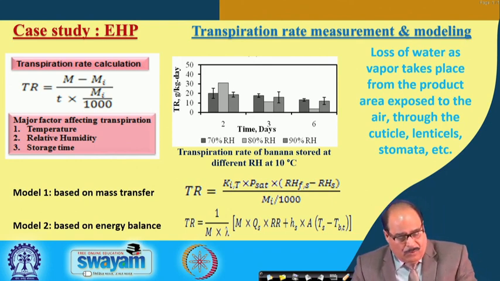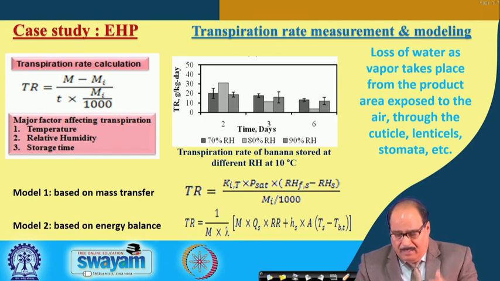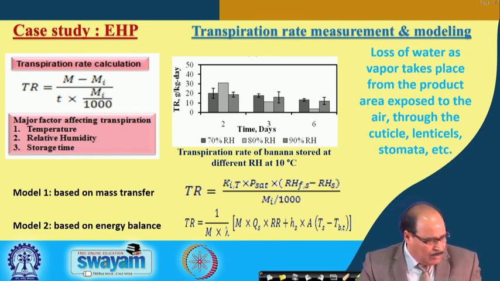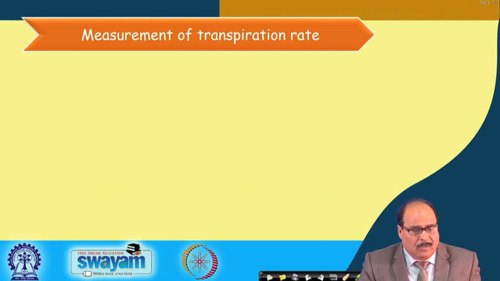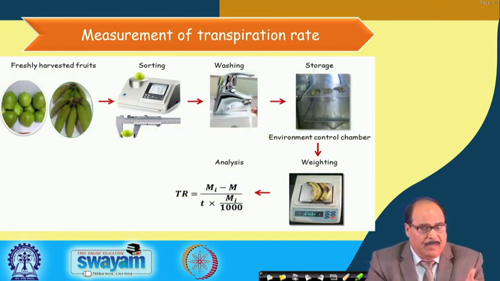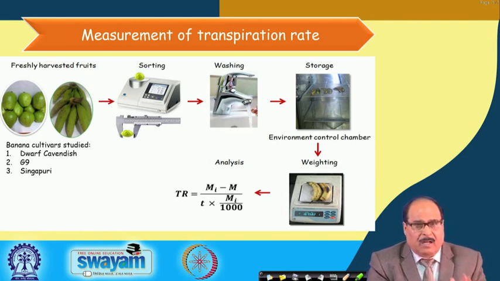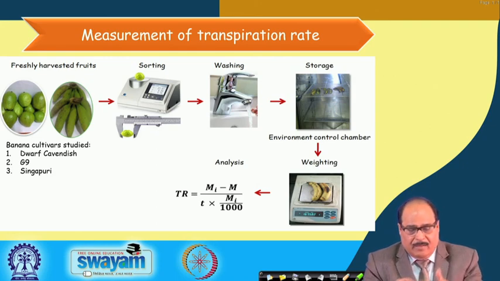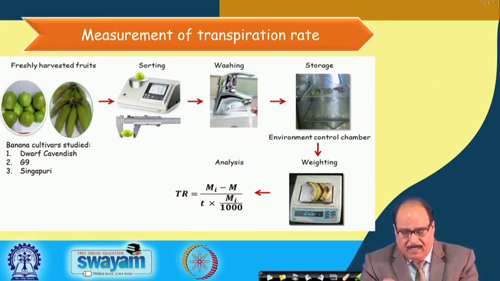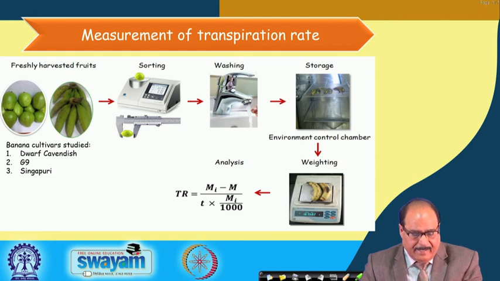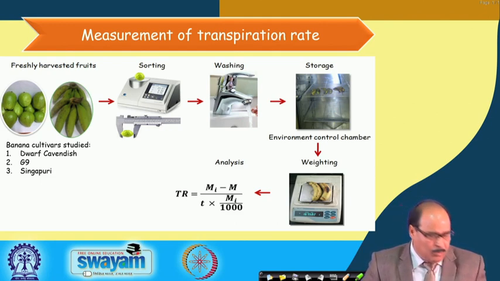In the next slide we will show you how transpiration rate can be measured. That is, freshly harvested materials can be put, after sorting, weighing, etc., then washed, and packaged and kept into a suitable environment of controlled humidity, and the weight loss at regular intervals is taken, and this weight loss data is used to calculate the transpiration rate.